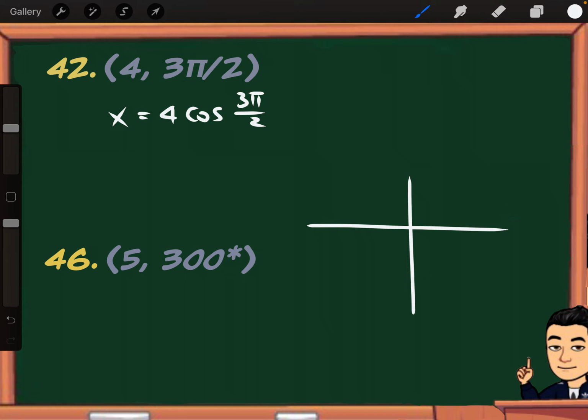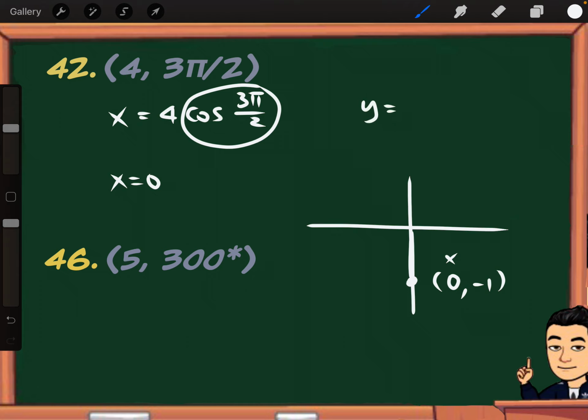You should draw your unit circle and figure out where 3 pi over 2 is. It's going to be right here. So the point we're going to be using is (0, -1). Okay, so cosine 3 pi over 2 is actually going to be 0 because that's x. So x is going to be 0 in this case.